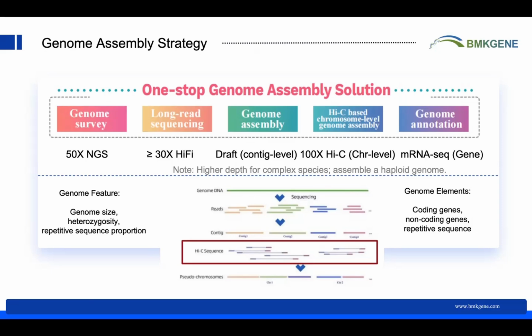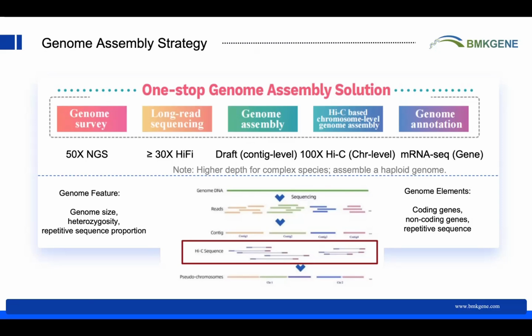One is for the coding gene part, which is very useful for downstream use, and another is non-coding gene prediction, and also repetitive sequences like tandem repeats and transposons. These elements can also be predicted.